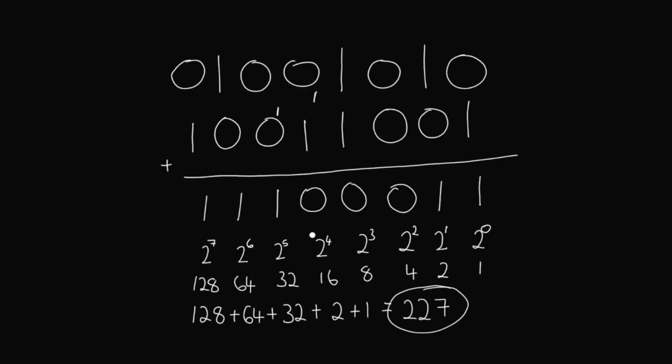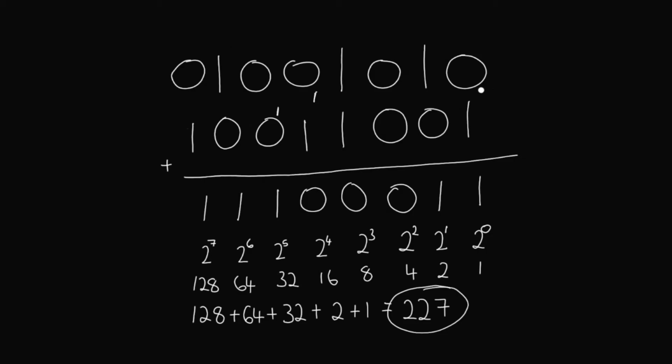So just the last thing to add in, if we want to check that we're correct with our answer of 227, what we can actually do is convert this binary number here into a decimal number, and we can convert this binary number into a decimal also.